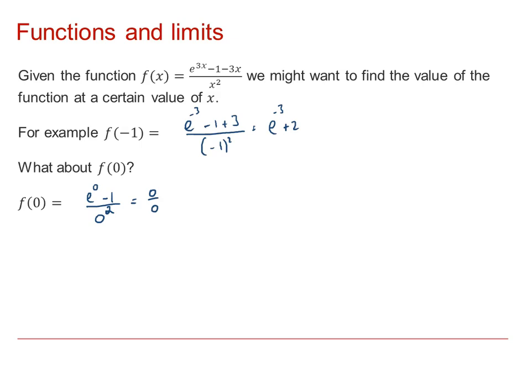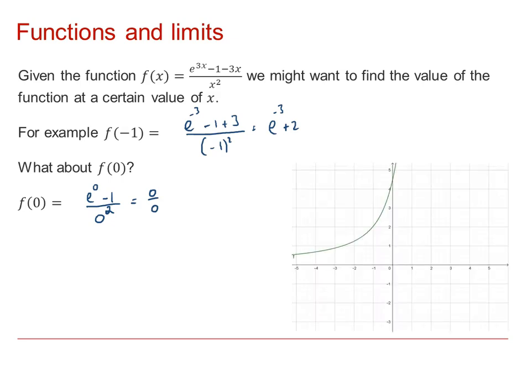Now this is something that we can't actually determine. We can't say it's any particular value. In fact, we don't know what it is. However, what we could do to get an insight is to have a look at what the graph looks like. And if we sketch the graph, we can see it certainly appears to have some value when x is equal to 0.